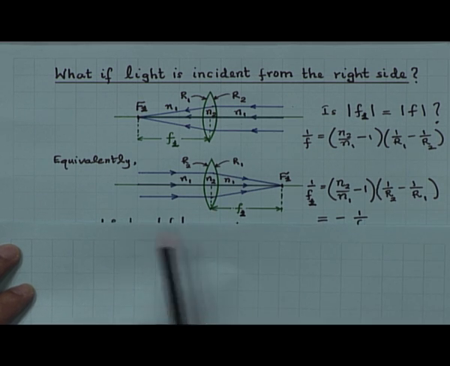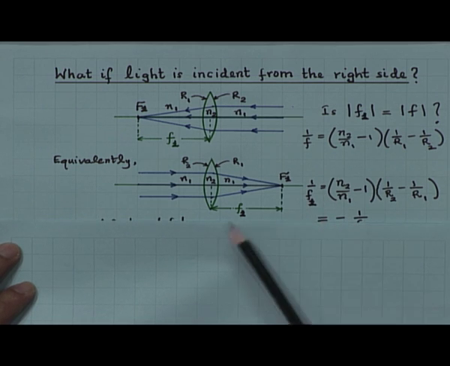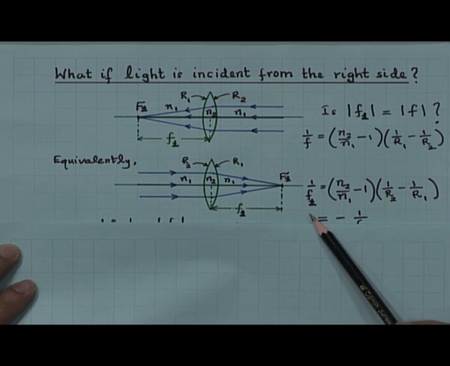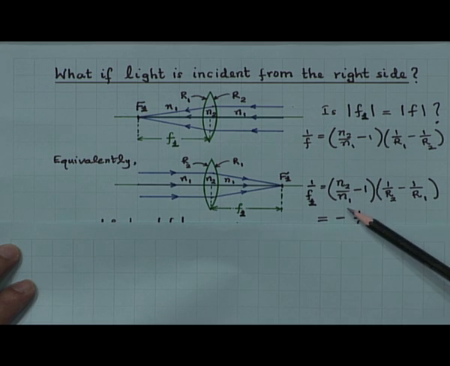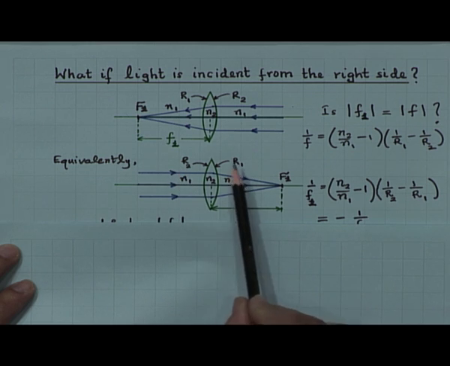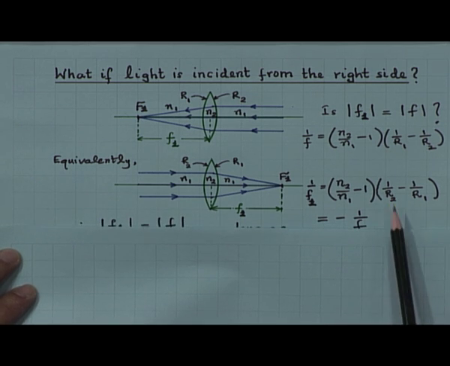So, I have just flipped it and put r2 first and r1 here, and therefore, 1 over f1 is equal to (n2 divided by n1 minus 1) times (1 by r2 minus 1 by r1). Earlier we had the formula 1 by r1 minus 1 by r2, but now because r2 has become r1 and r1 has become r2 in this case, because we have flipped the lens, it is 1 by r2 minus 1 by r1. So, what is this?